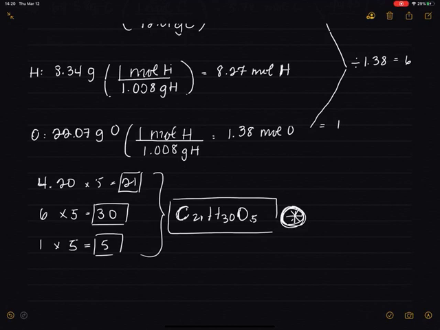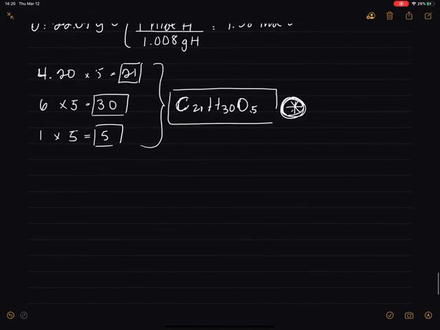There's a phrase in these problems that I've managed to get away with not defining yet. What phrase, what word do we not really have a definition for? Both of these have mentioned the empirical formula of the compound.